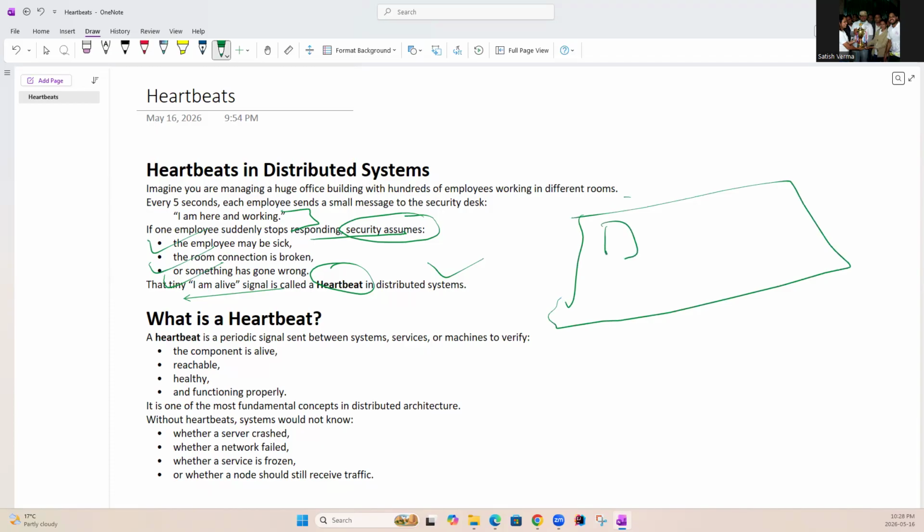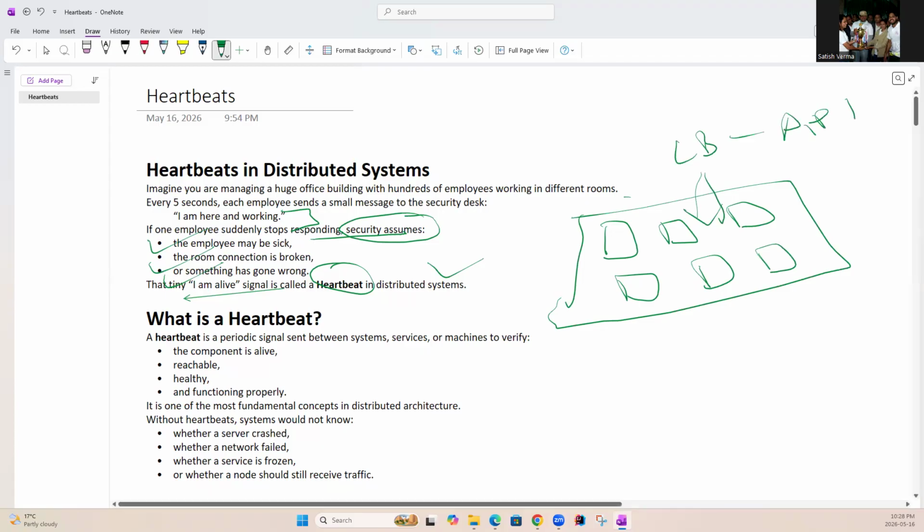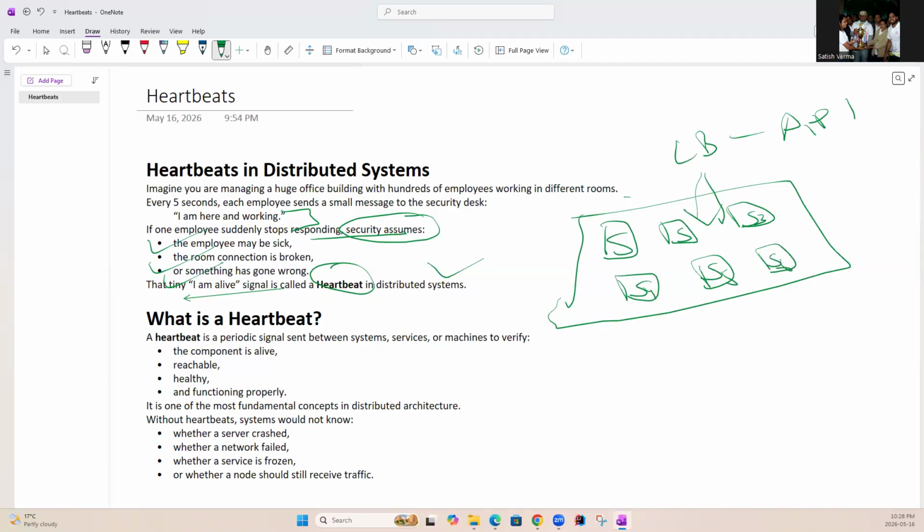In our cluster, we have multiple servers. Suppose we have a load balancer, we have an API service, an API gateway, whatever you are using. So server one, server two, server three, server four, server five, server six.